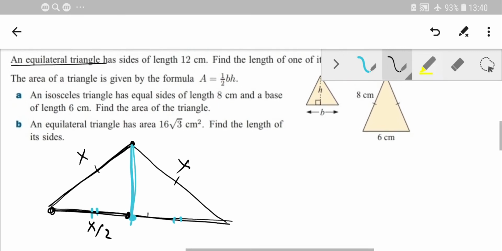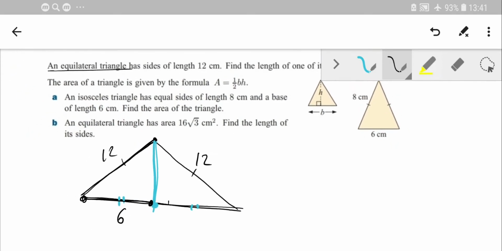All right, so the equilateral triangle has a side of length 12. In this case, instead of x, we can put 12 everywhere, and where x over 2, we'll just simply get 6. All right, now let's see about interrelations.